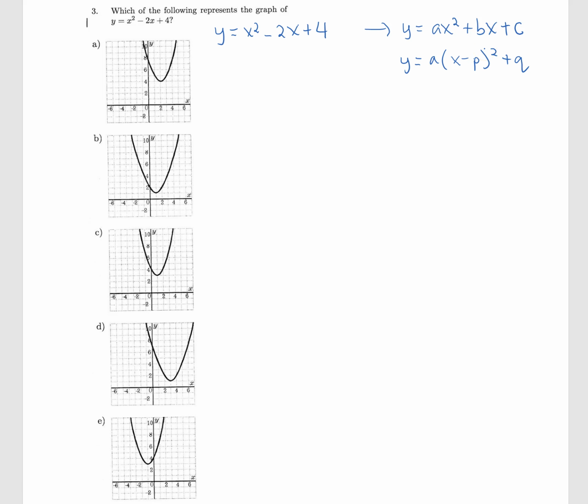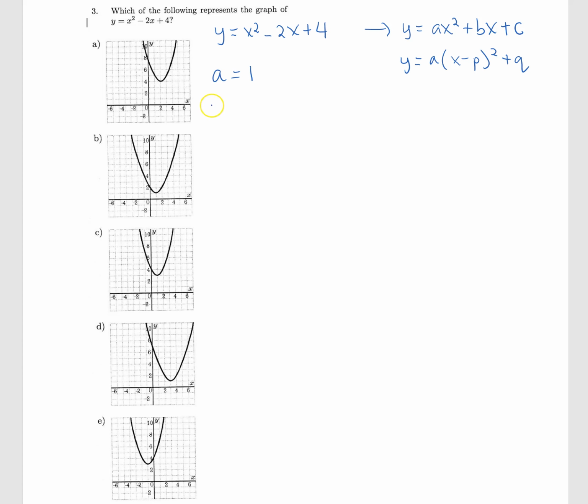And so just taking from your notes, we know that a in both cases is exactly the same. So a is equal to 1 in this case, because the coefficient on the x squared term is just 1.